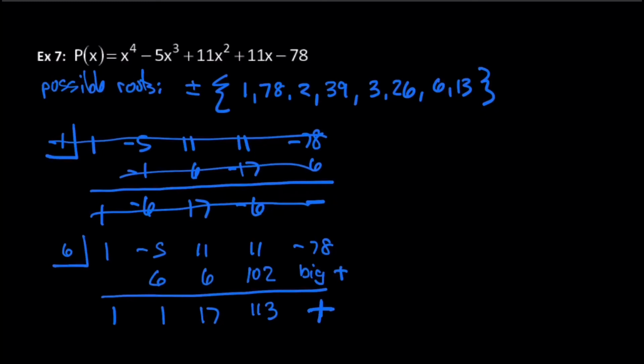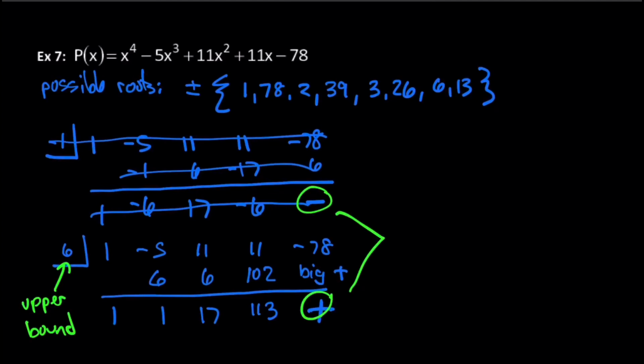Here's what it tells me, though. I tried a positive root. All my sums are positive. That tells me that this is an upper bound. What else do I know? Notice these.